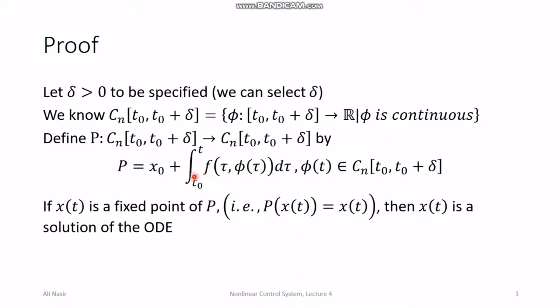The purpose of defining P in this way is that if we somehow prove that P is a contraction, then the fixed point of P would be the solution of the ordinary differential equation. And if we prove that P is a contraction, then by the contraction mapping theorem we would know that P must have a fixed point, and that fixed point is a solution of the differential equation.